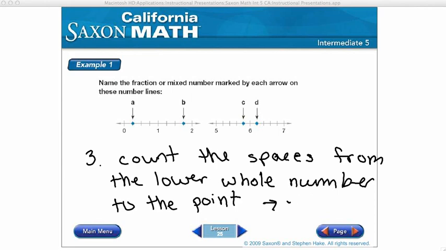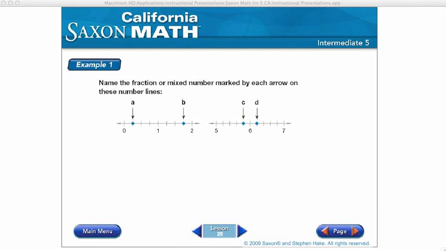This becomes your numerator. Okay, so now let's talk about what this actually looks like in process.